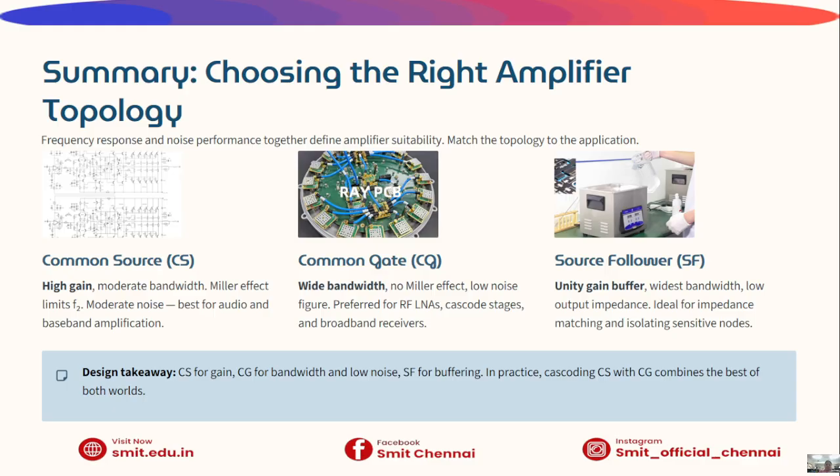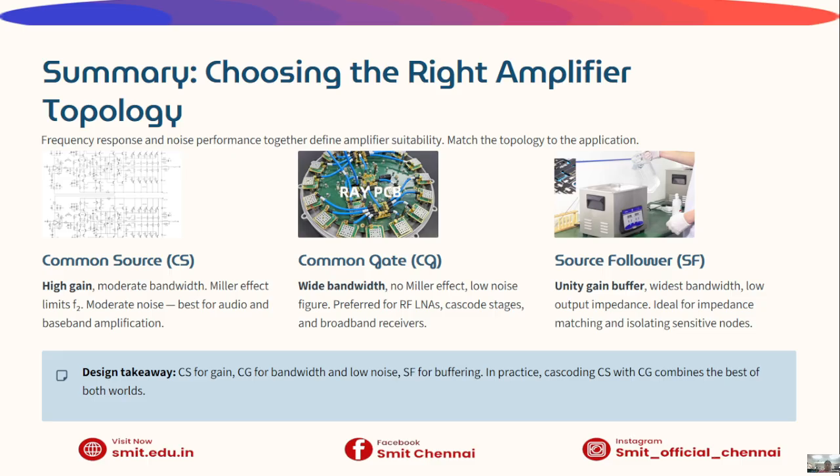Finally, we come to the summary of this lecture. Let us summarize the characteristics of the three amplifier configurations. The common source amplifier provides high gain but suffers from Miller effect limitations and moderate noise performance. The common gate amplifier offers wide bandwidth, low noise figure, and excellent RF performance.